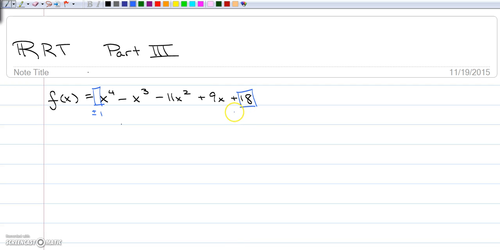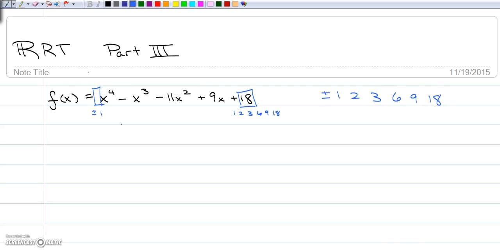Factors of 18 include 1, 2, 3, 6, 9, or 18. Total, that gives me a grand total of 12 different numbers that I could possibly choose to plug into my synthetic division problem. These are the choices. What do you want to start with?